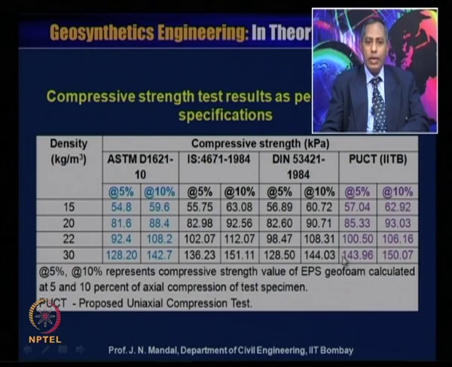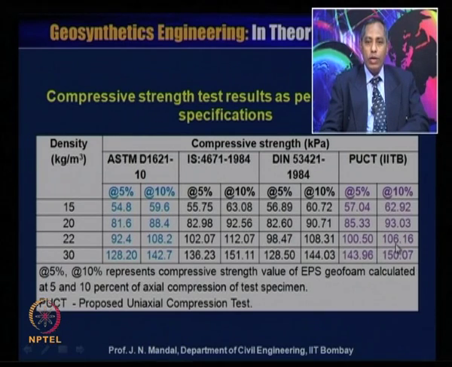When it is 30 kg per meter cube density then compressive strength value is 143.96. Whereas in case of 10%, when density is 15 kg per meter cube compressive strength value is 62.92, and when density is 20 kg per meter cube this compressive strength value is 93.03.